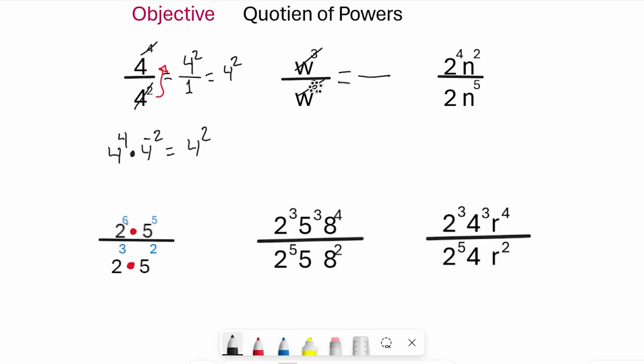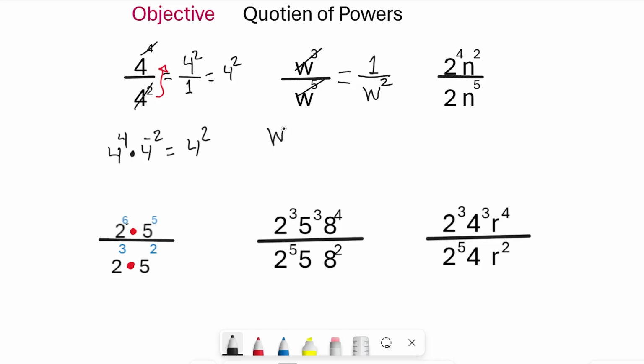And you have more in the denominator, so that's how you end up with W to the second power. And you can see how you cancel all of it, right? Whenever you cancel everything on top in the numerator, you must write a 1. So here is going to be a fraction. That's the answer.